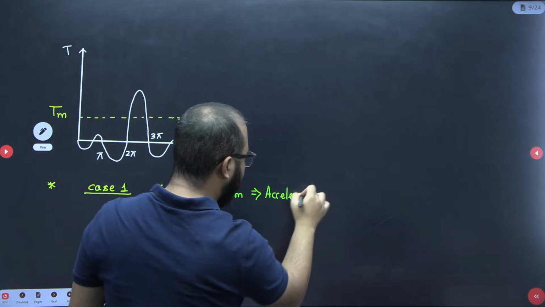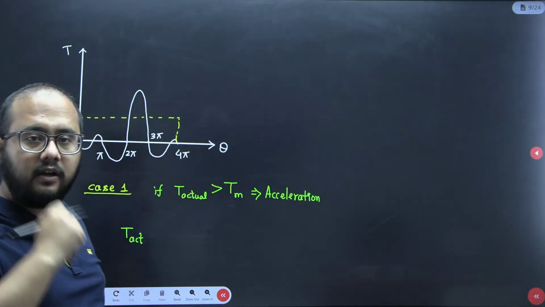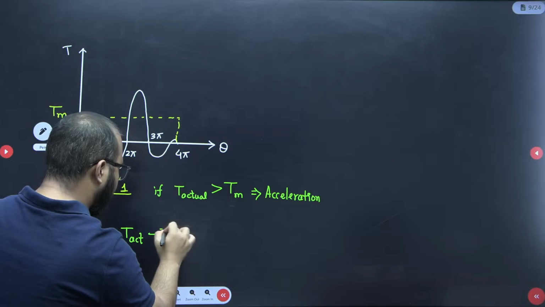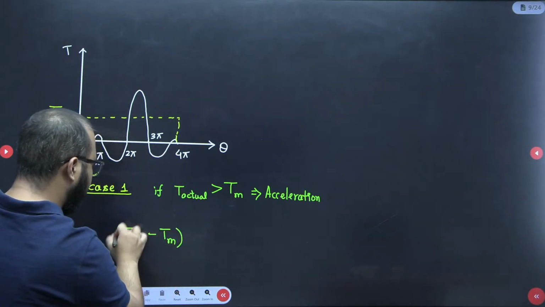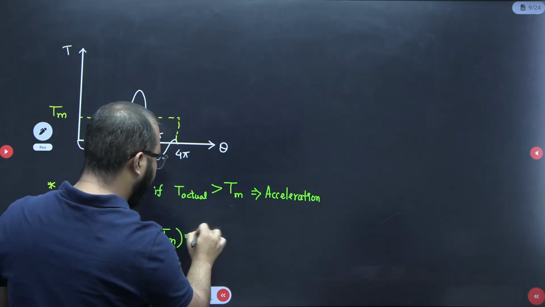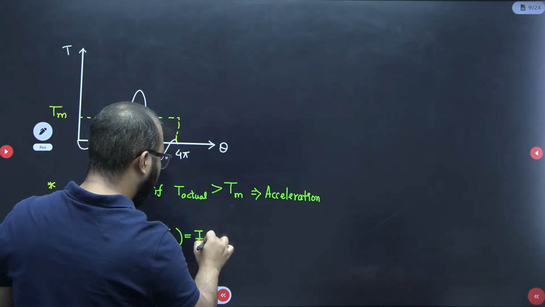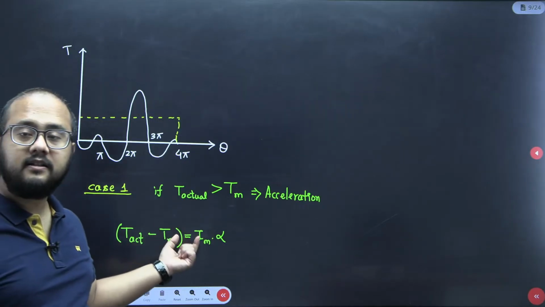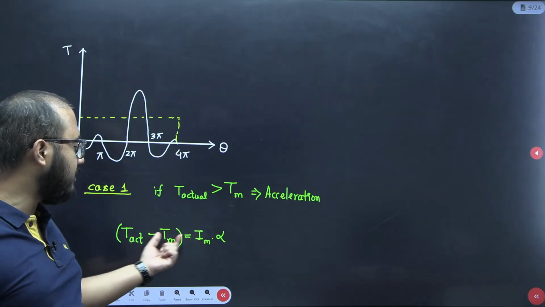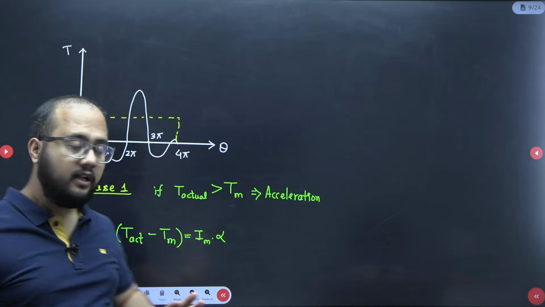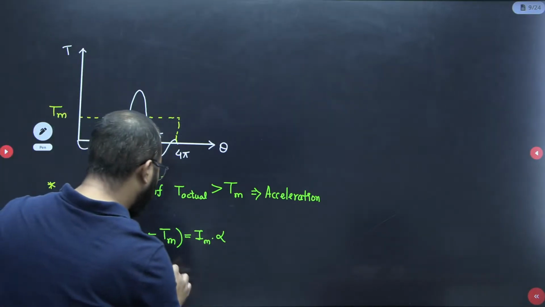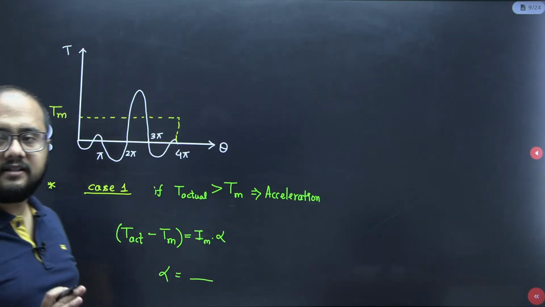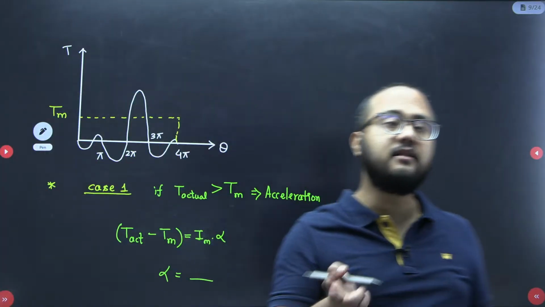In that acceleration they might ask you to calculate the angular acceleration. So what you will do? Simply take the difference of actual torque and the mean torque, and that difference will be equal to I alpha, mass moment of inertia into alpha. Actual torque minus the mean resisting torque, take the difference, that will be equal to I alpha, right? So from here you can easily calculate this angular acceleration value. So that is case number 1. Now consider case number 2.